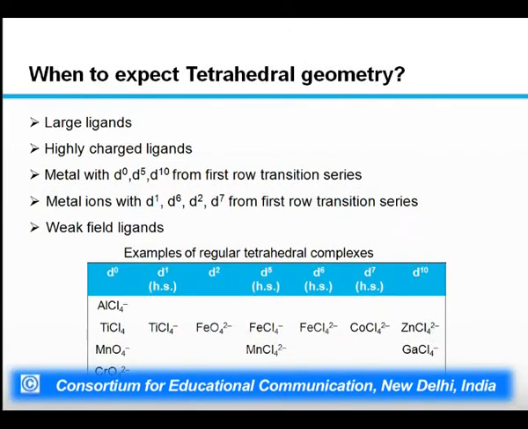If the ligands are highly charged, then there are repulsions between them and the tetrahedral geometry is favored. If the ligand is a weak field ligand, then the loss in CFSE is less and the tetrahedral geometry is favored. And if the metal ion is d0, d5 in the high spin state and d10, then the tetrahedral geometry is preferred. And also d1, d6, d2, d7 metal ions are preferred if the loss in CFSE is less.